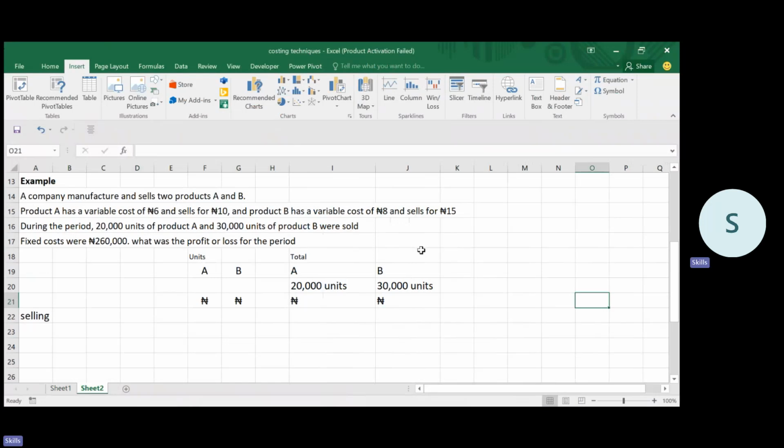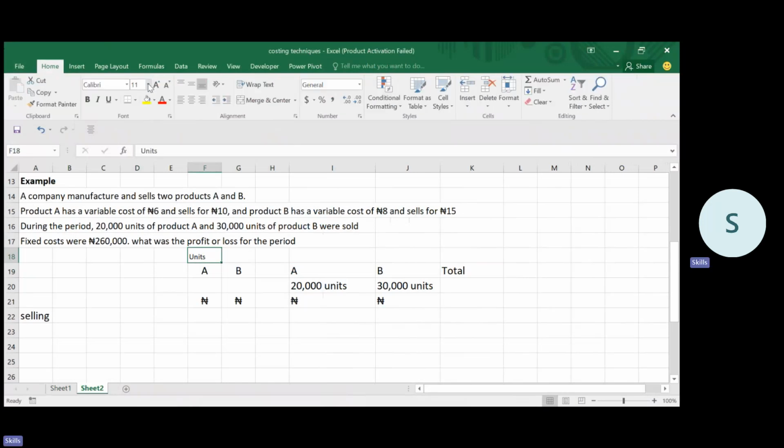And then the total for A and B now. Good. So this one will give us per unit. We'll determine it per unit, and we'll also determine based on the quantity sold.